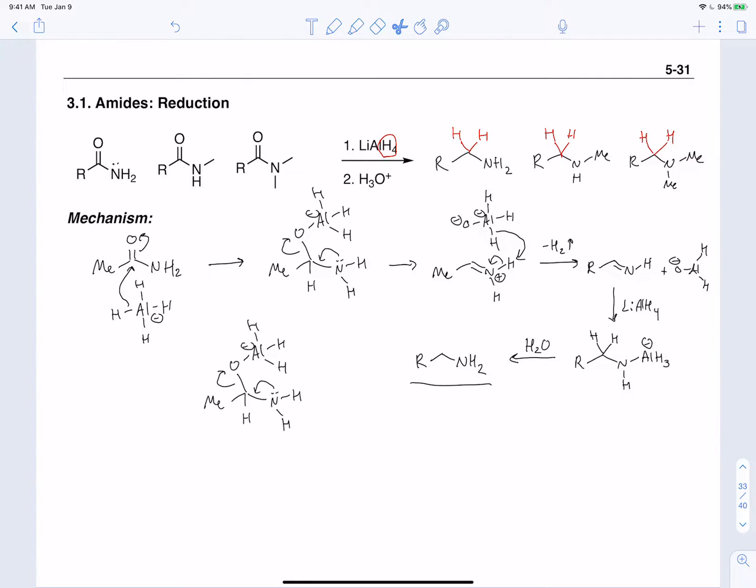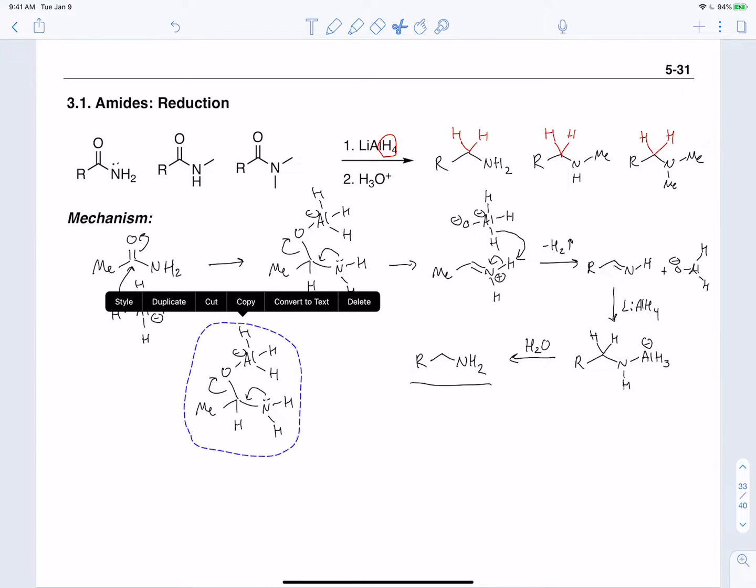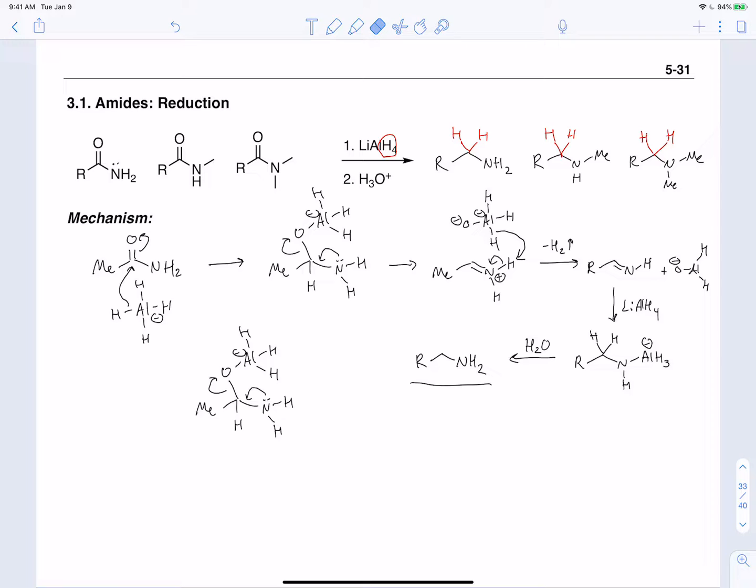We're going to make a little side note over here. Now we're going to change the arrows a little bit. Instead of having the nitrogen lone pair kick out that aluminum oxide, we can imagine this already being somewhat basic. This aluminum hydride can take this hydrogen at the same time as this goes to form the imine bond and lose that O minus.